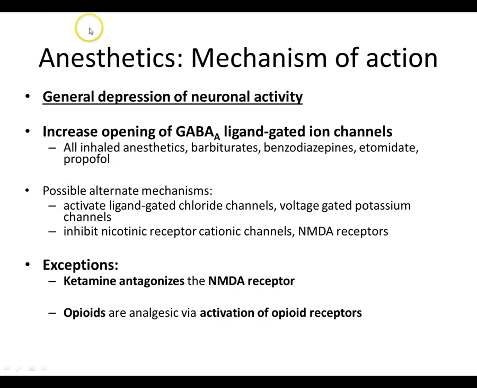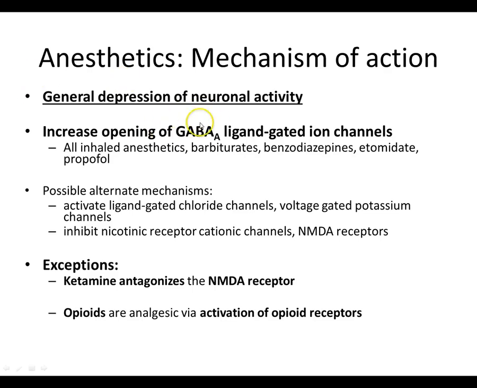Aside from those few exceptions, the general mechanism of action for general anesthetics is to overall depress neuronal activity, and they do this primarily by enhancing the activity or the opening of GABA A ligand-gated ion channels. GABA itself, the neurotransmitter, is the primary inhibitory neurotransmitter in the brain.